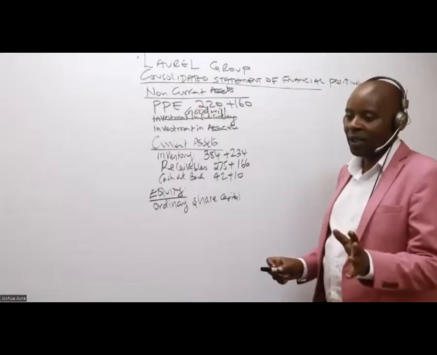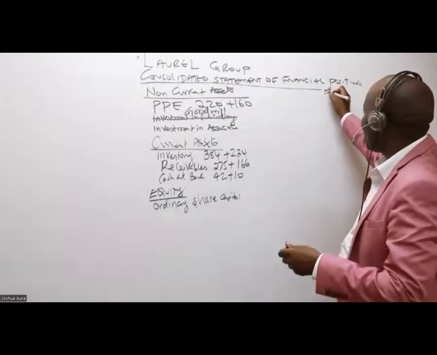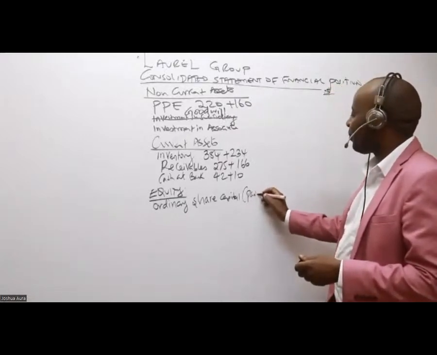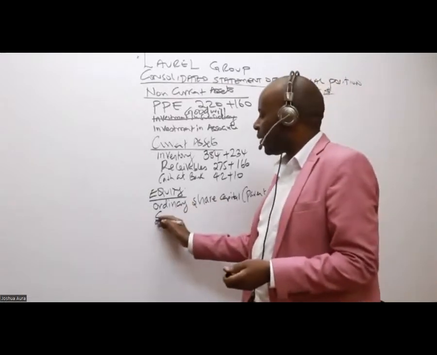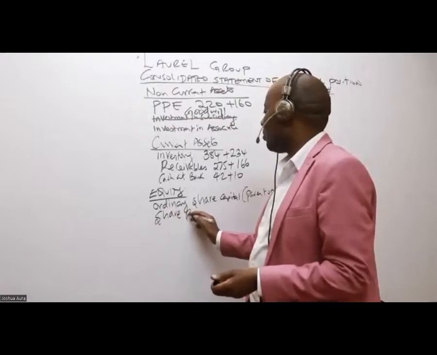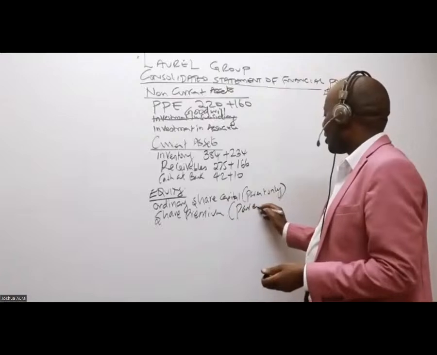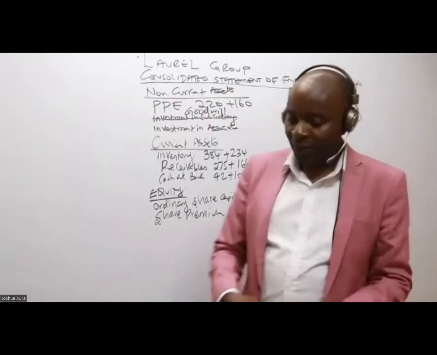So you take this to the corner here, where you have your shillings or your dollars. Ordinary share capital, parent only. The same case with share premium. These are free marks normally. Share premium is parent only.